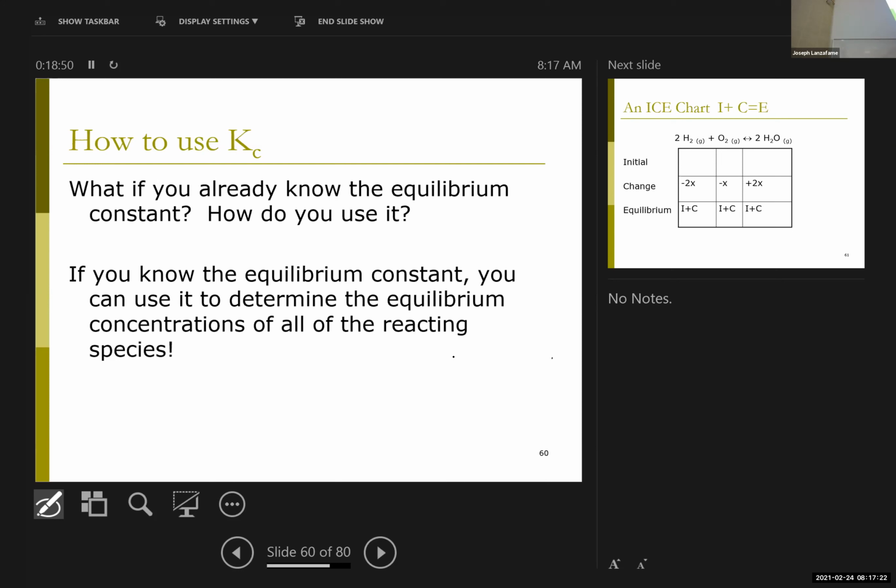As long as I don't change the temperature, that Kc should be constant. It's the equilibrium constant after all. And so I can use it now to determine where my reaction reaches its balanced ending, or in a shorter phrase, where my reaction reaches equilibrium.